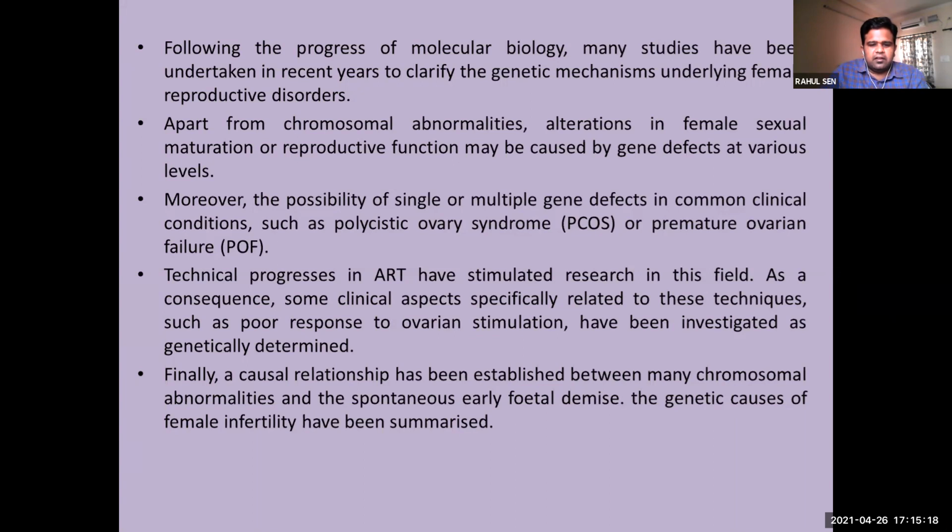Technical progress in ART has stimulated genetic research in the field. As a consequence, some clinical aspects specifically related to these techniques arise, such as poor ovarian stimulation response. And finally, a relationship has been established between many chromosomal abnormalities and spontaneous early fetal demise, which is ultimately the genetic cause of female infertility.